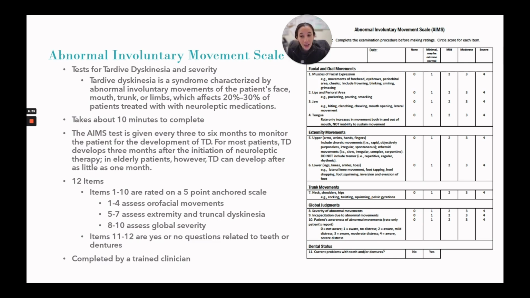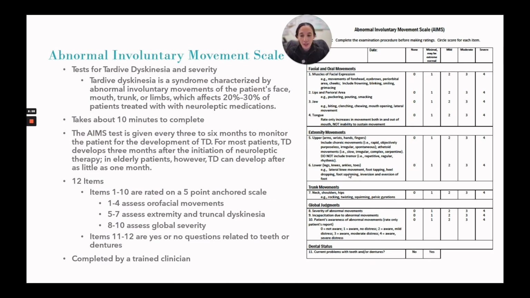This scale takes about 10 minutes to complete, and it's usually given every 3 to 6 months to monitor the patient for the development of tardive dyskinesia. Usually this happens around 3 months after the initiation of a neuroleptic medication, but in elderly patients it can be sooner. So this scale has 12 items.